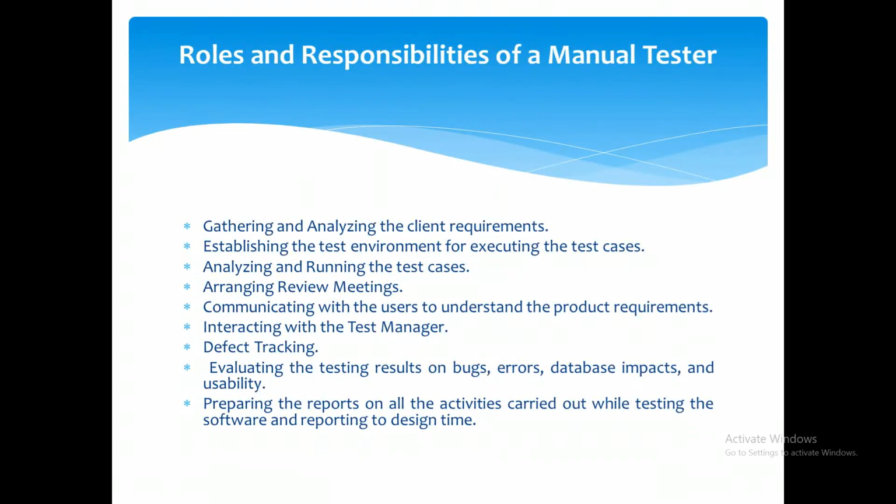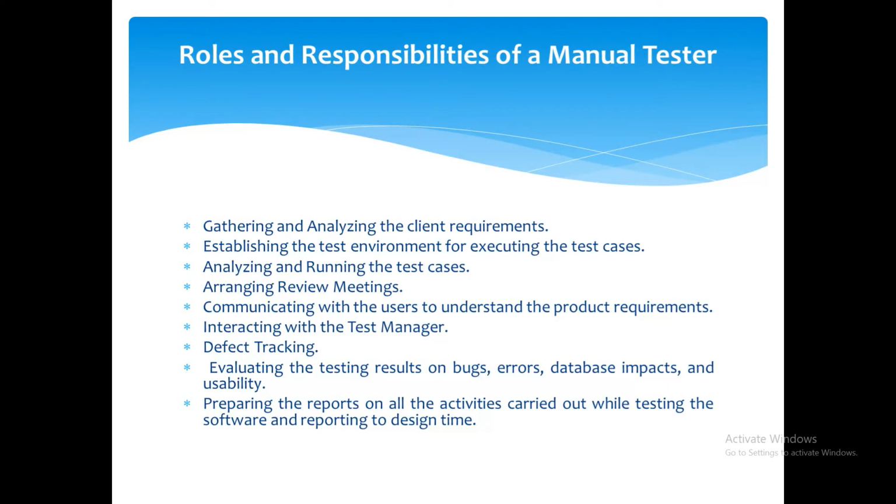Now we will discuss the roles and responsibilities of a manual tester. What are my roles and responsibilities? We will discuss: first, gathering and analyzing the client requirements. Second, establishing the test environment for executing the test cases.